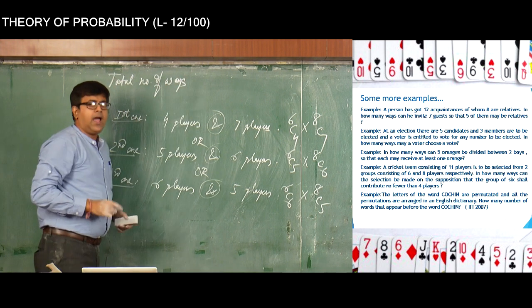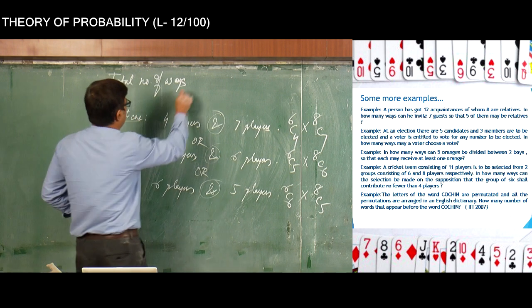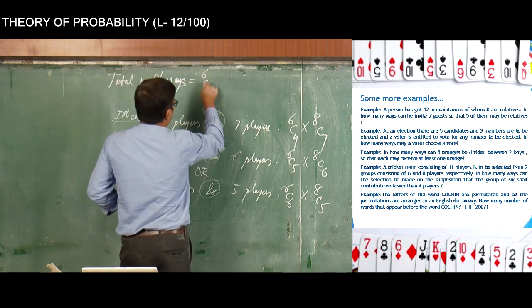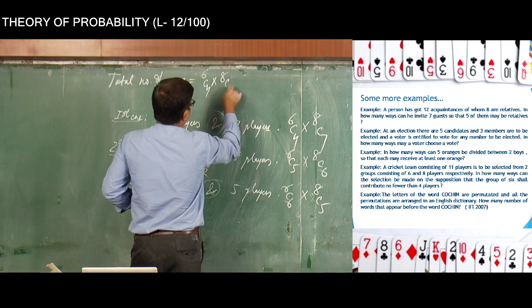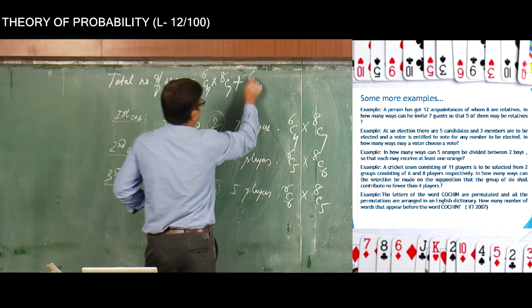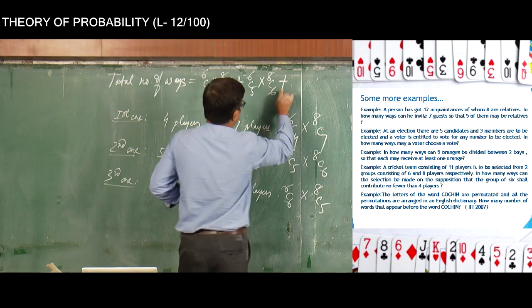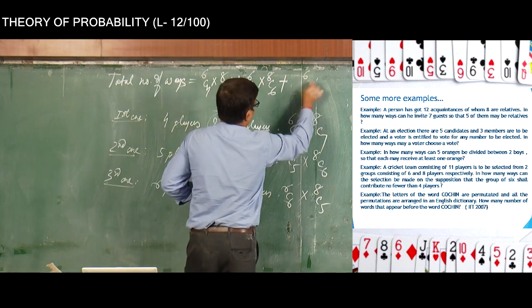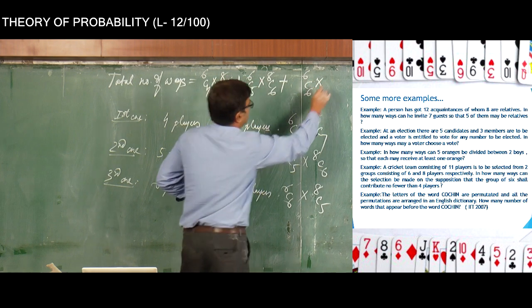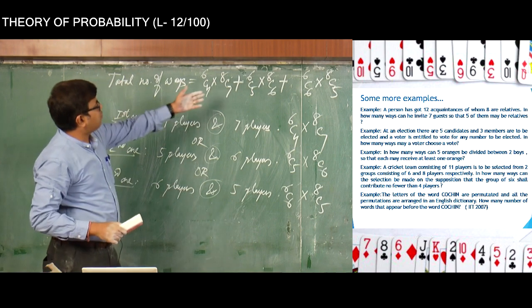It will come from the addition principle of the fundamental theorem of counting. So the total number of ways will be 6C4 into 8C7 plus, because this or this, 6C5 into 8C6 plus 6C6 into 8C5. So you just calculate those values.